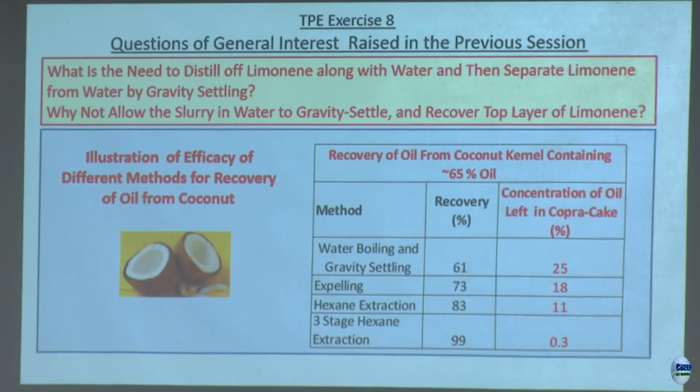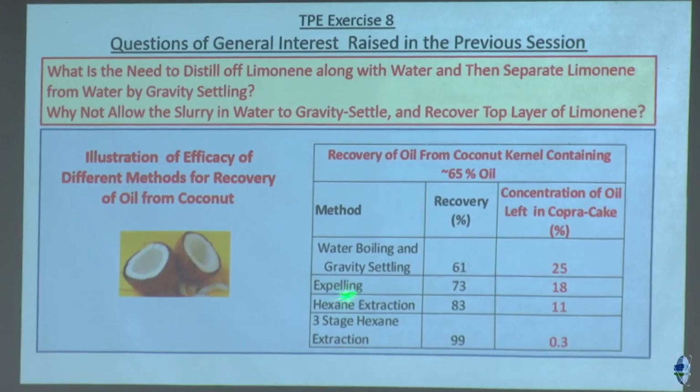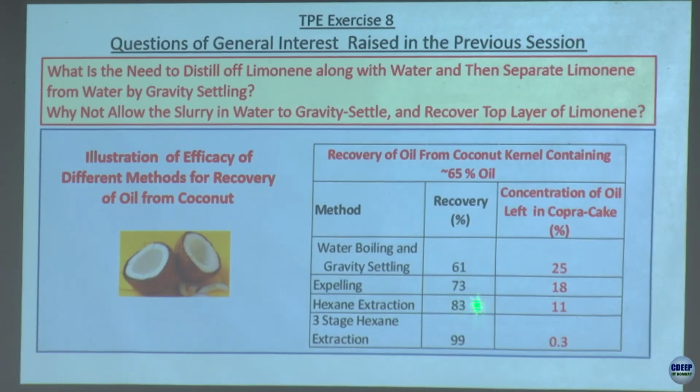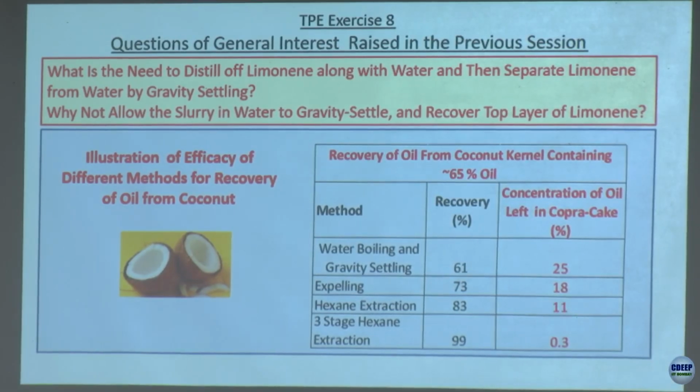The third possibility, which you were asking about and which is a good possibility, is using a solvent which has high affinity for the oil, which is hexane, right? In the first stage of hexane extraction you get something like about 83% recovery, and therefore the residue will be 11%.